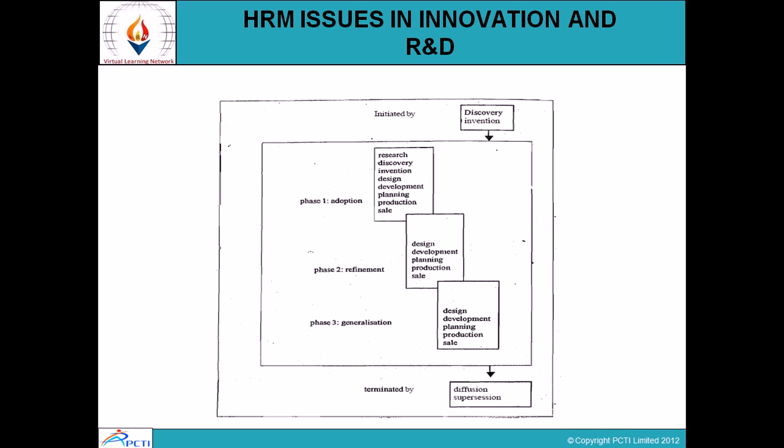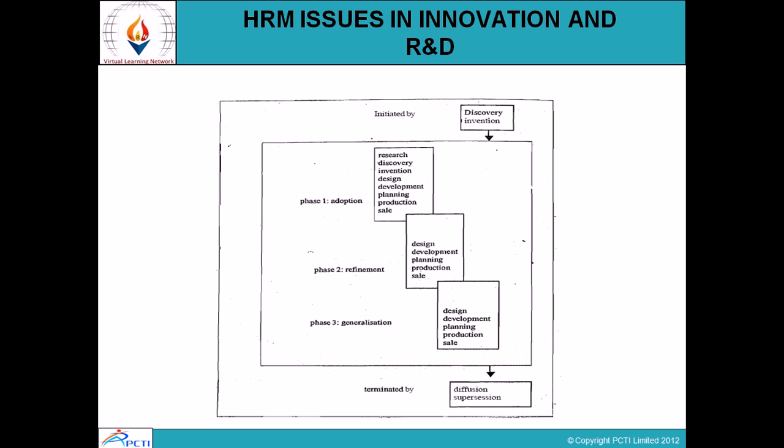Human resource management issues in innovation and research and development. It is initiated by the discovery invention, which includes different phases. The first phase is called the adoption phase, which involves research, discovery, invention, design, development, planning, production, and sale.